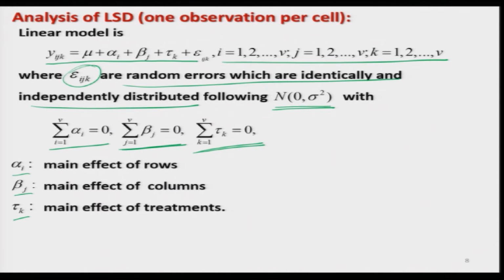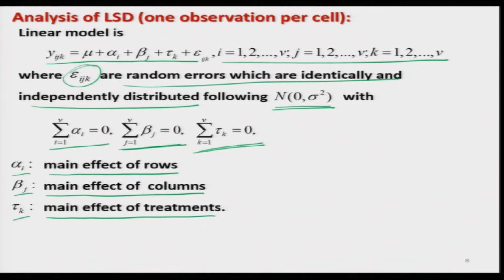So, here this alpha i, beta j and tau k are going to indicate the 3 effects that we are going to consider in the Latin square design. For example, earlier you had considered the 3 factors which are say driver, petrol and the car, right. So, this alpha i is going to indicate the main effect due to rows, beta j is going to indicate the main effect due to columns, and tau k is going to indicate the main effect due to treatments, right.